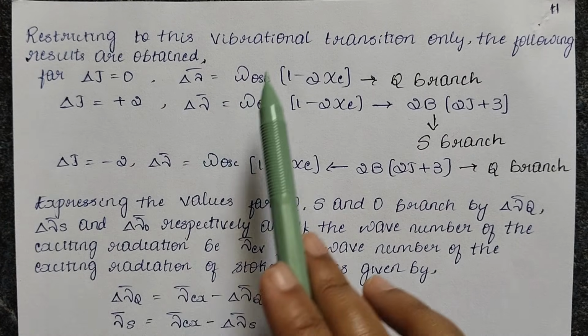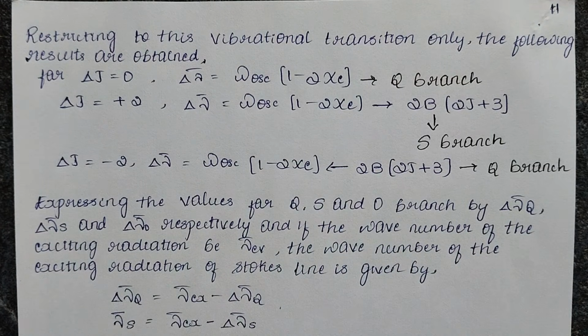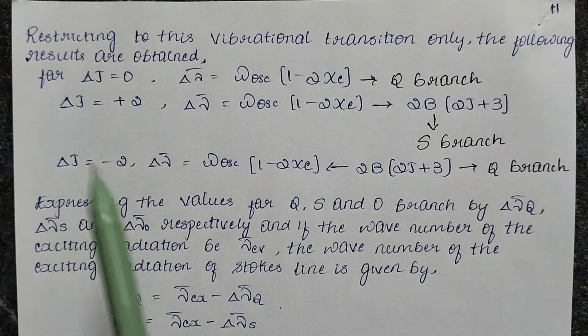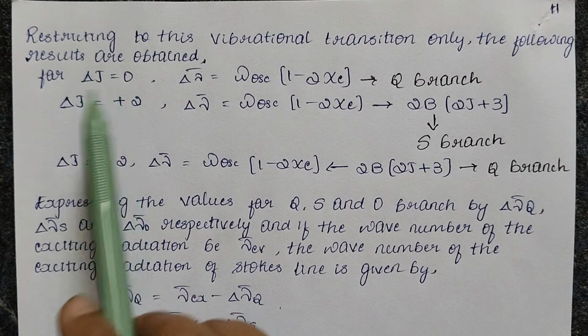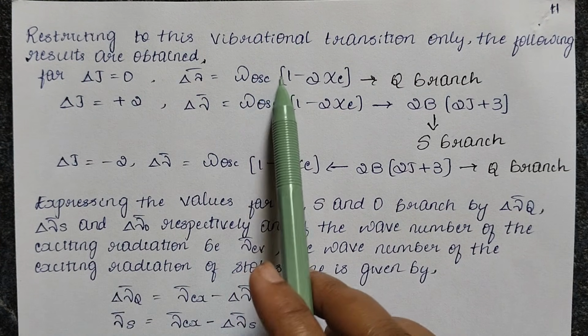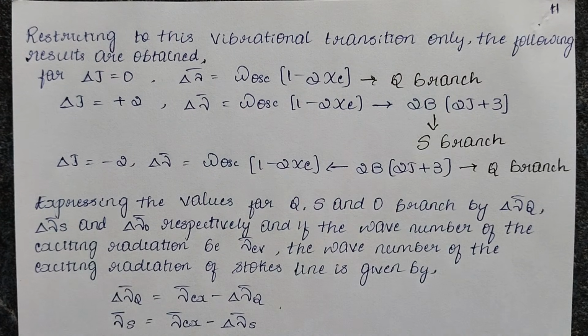Restricting to these vibrational transitions only, the following results are obtained. When delta J is equal to 0, delta mu bar is equal to omega oscillation into 1 minus 2xe, which gives us the Q branch.